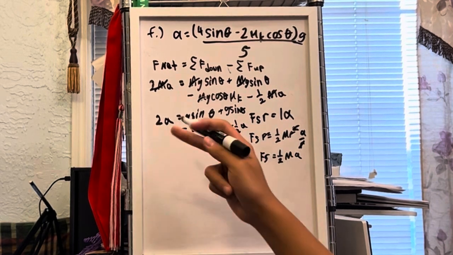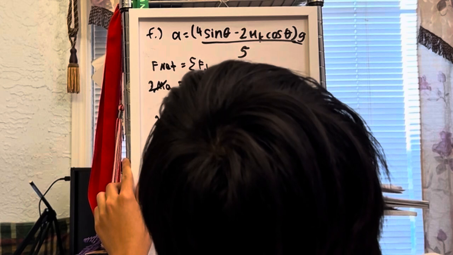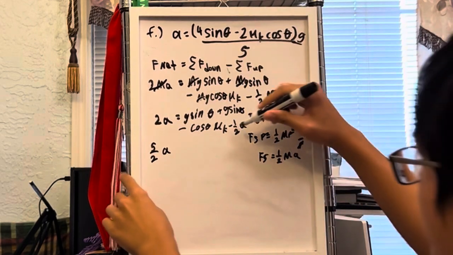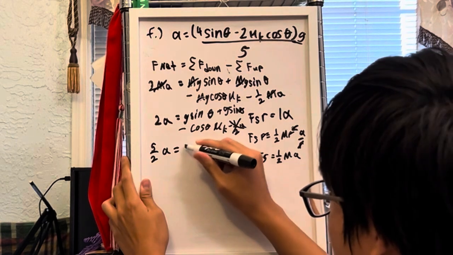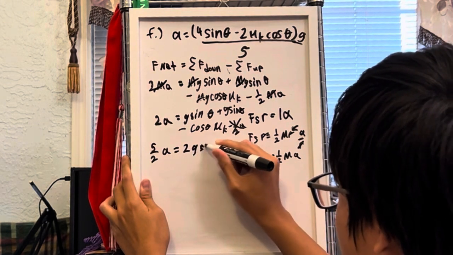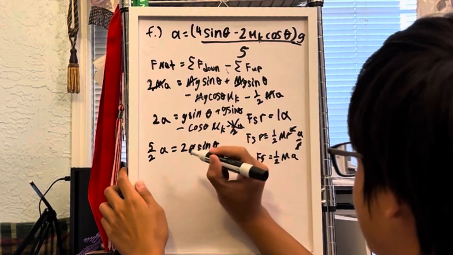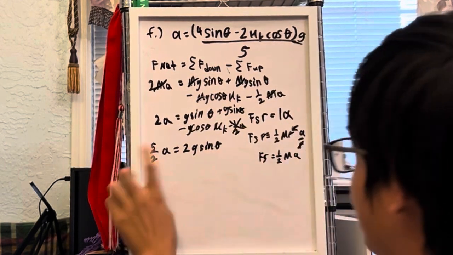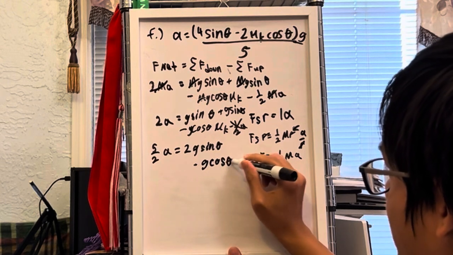So I'm going to add 1/2 a to the other side. This simplifies to 5 over 2a by adding 1/2 a to both sides. And these two g sine thetas are going to become 2g sine theta, right? And it's going to minus, there's still a g here, my bad, minus g cos theta mu k.